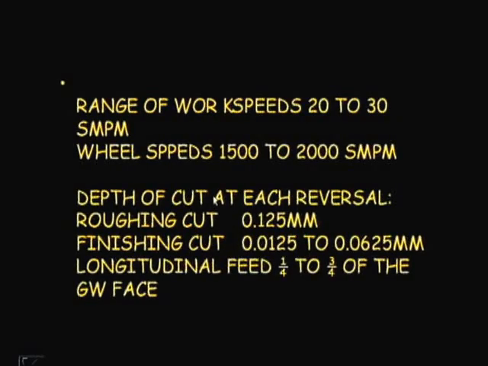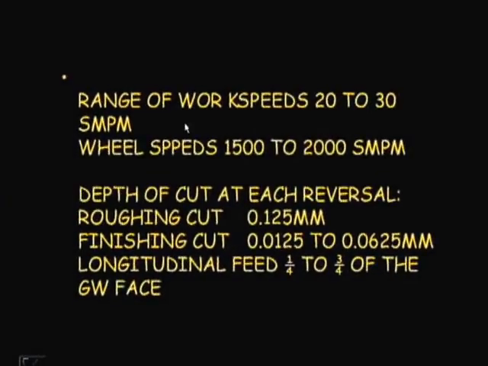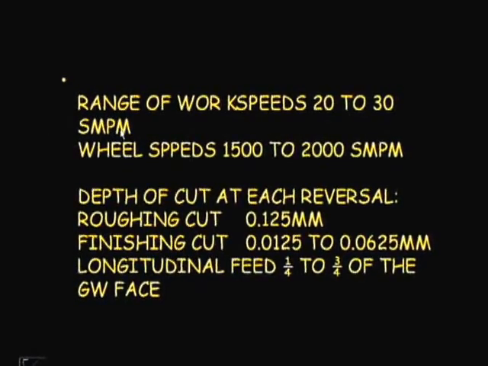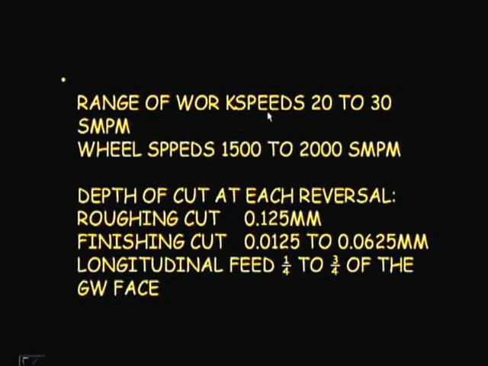Now we have seen different types of machines. What are the details of the particular machines that we can go for in cylindrical grinding? How much length can we do, how much diameter, and in one traversing length how much will it take? The range of work speed is 20 to 30 surface meters per minute, that is, the work rotates at a surface speed of 20 to 30 meters per minute.